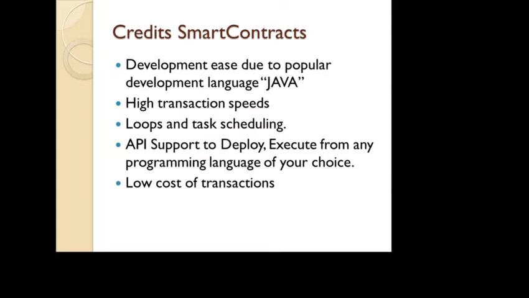Wherein you write a piece of code and there is an automated program which is going to deploy that code into the production environment at a given time. When you have this API support, it is possible to develop these DevOps scripts to deploy that smart contract. So the deployment of smart contracts on the Credits platform is going to be a piece of cake, right?